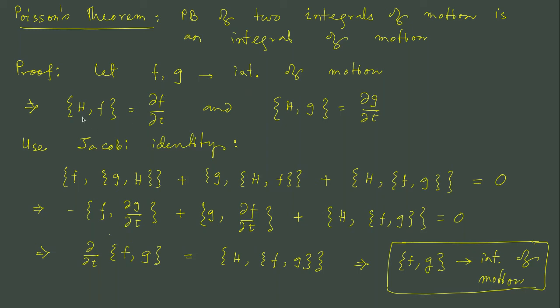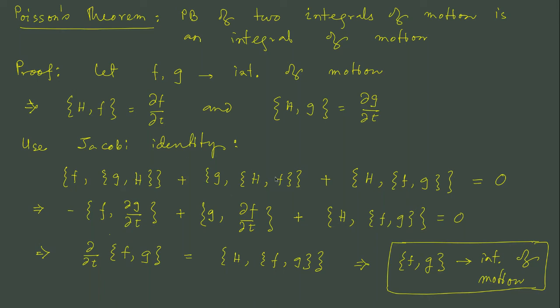Suppose f and g are two integrals of motion. Then we can say that the Poisson bracket {H, f} is equal to ∂f/∂t, and {H, g} is equal to ∂g/∂t. They both follow from the definition of integrals of motion. Now, we use the Jacobi identity, where the third function is the Hamiltonian.